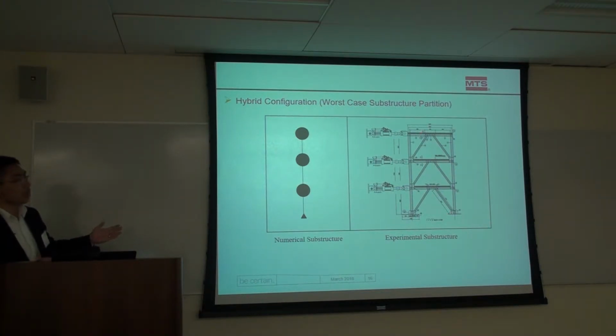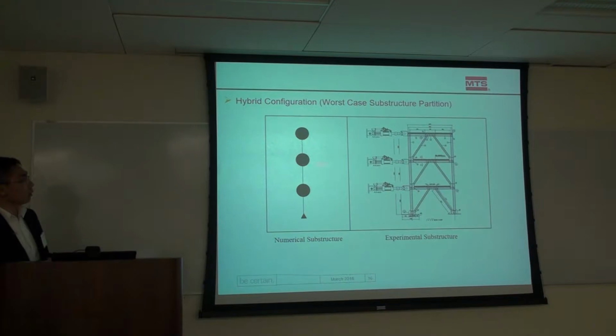We can just attach 3 actuators on each floor, and again just assume those seismic masses numerically, and that makes your hybrid system. But that actually got into this worst-case substructure partition.